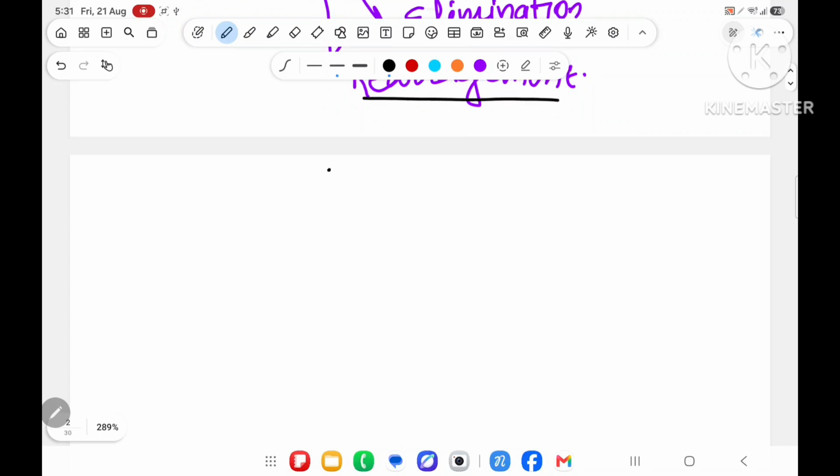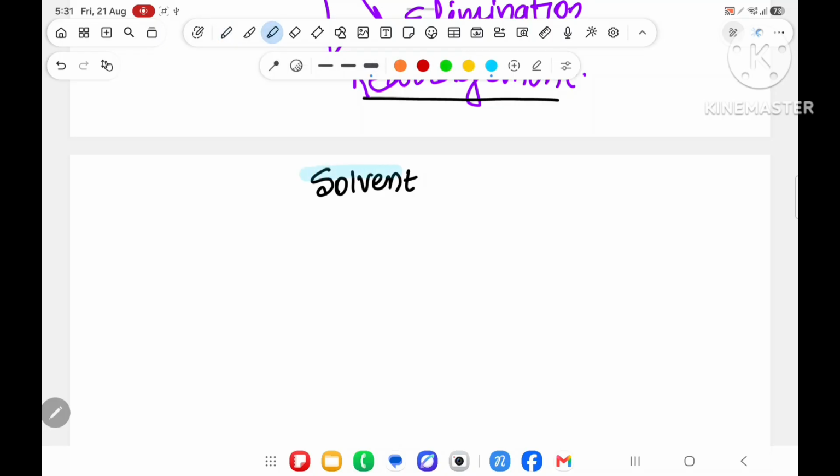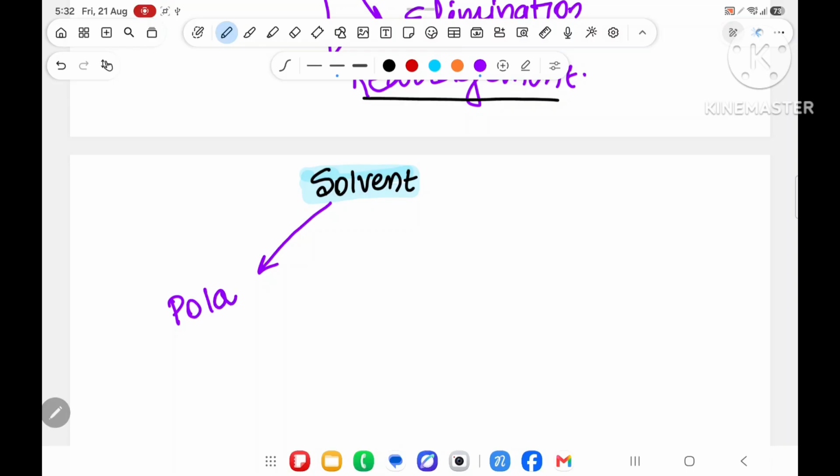First of all, before starting this chapter, we have to understand the solvent. In chemistry, there are two types of solvent. First of all, do you know what we mean by solvent? Like water is a solvent. There are two types of solvent: one is known as polar and one is known as non-polar.